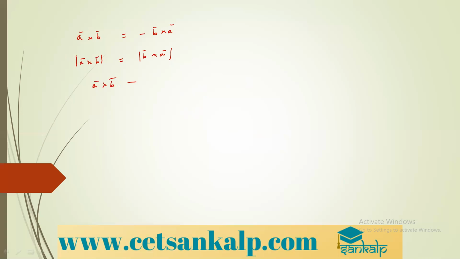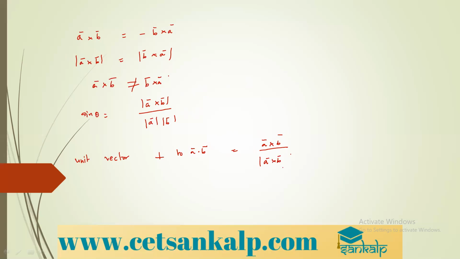That means A cross B is not equal to B cross A. Then to find angle between the vectors, you can use sine theta equal to mod of A cross B by magnitude of vector A into magnitude of vector B. Then sometimes if you are asked to find unit vector perpendicular to A and B, it is A cross B by magnitude of A cross B. Like this also you can find.